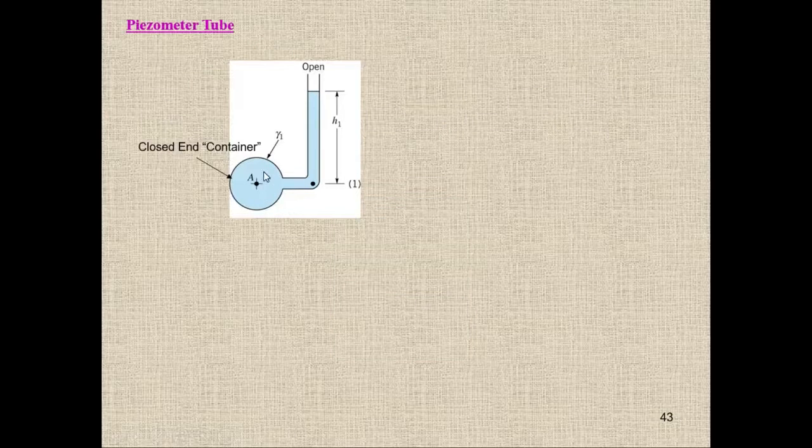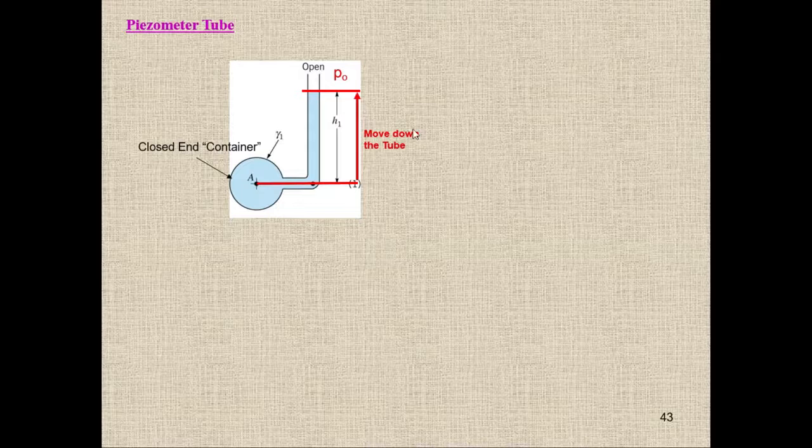We have a piezometer. This is a container at point A. We have to find the pressure, and we have the open end here. Here we have the P atmosphere, here we have the PA, and this is the height.